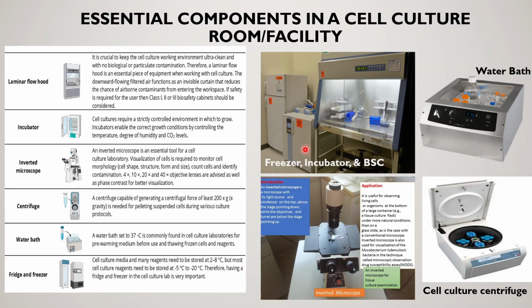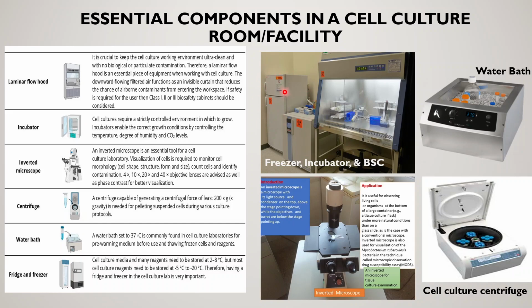As we discussed in the previous class, the cells need to be kept at 37 degree centigrade and a constant supply of carbon dioxide, usually around 5%. This carbon dioxide acts as a buffering system by combining with the water and producing carbonic acid, which helps maintain the physiological pH of around 7.4.